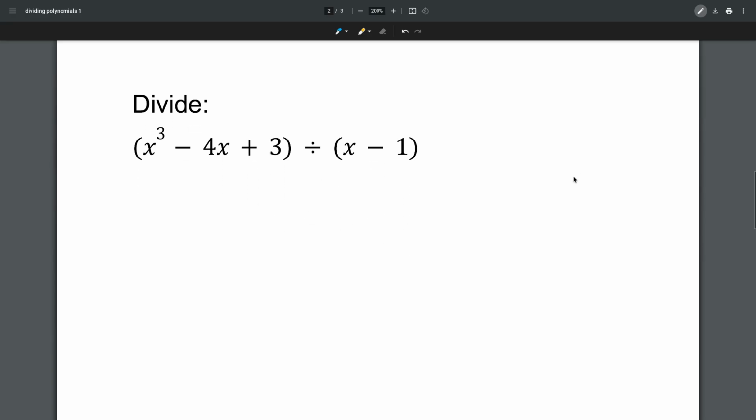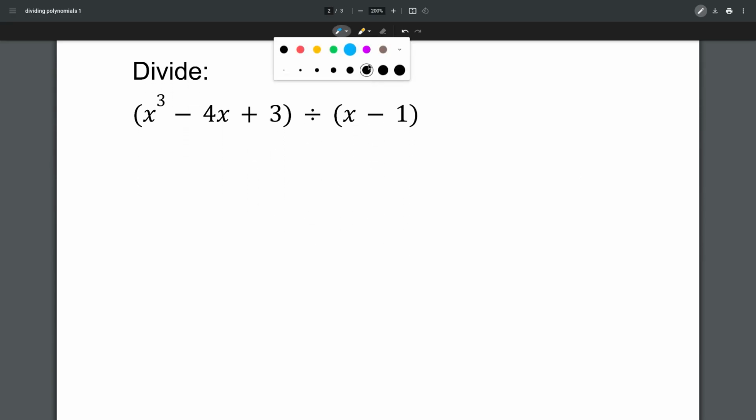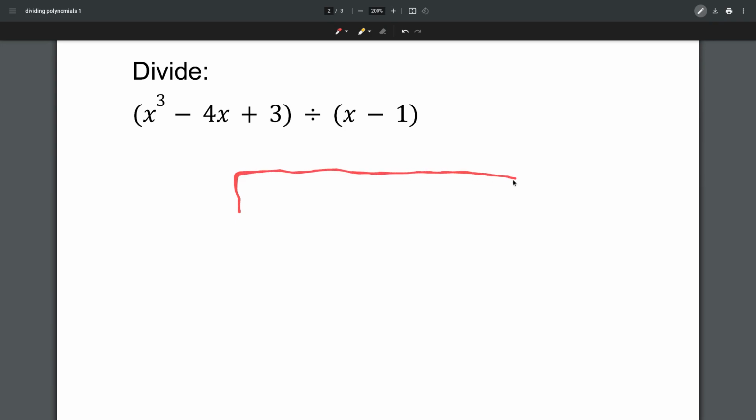Okay, so I'm going to go down here. And this one we're dividing x cubed minus 4x plus 3. We're dividing that by x minus 1. Okay, now I have an x cubed here. I don't have anything with x squared in it, but I'm going to put a placeholder.